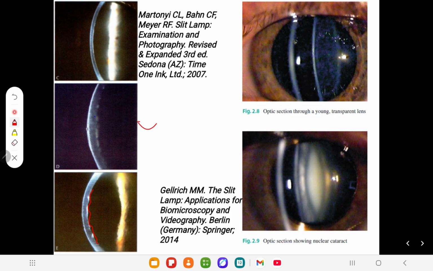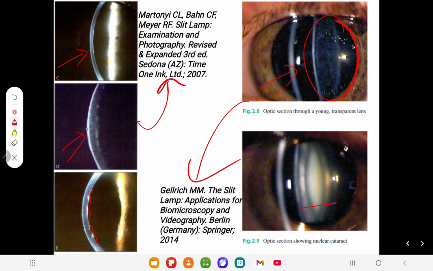I have taken this picture from this book and this picture from this book. Can you see this? See, the nucleus is sclerosed, and you can even observe the layers of the lens here and here, pseudophakic, isn't it? Here, the cornea, and you can see the cornea here clearly.